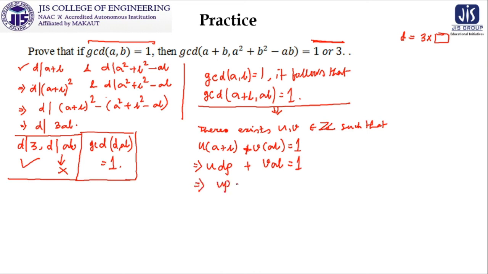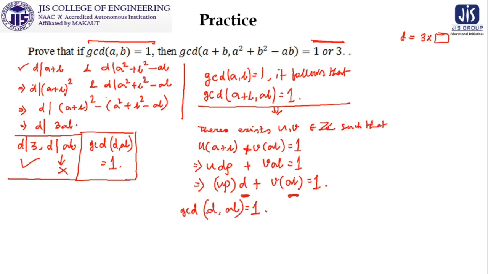We can write UP into D plus V into AB is equal to 1, from where we can claim that D and AB are two numbers which can be written with UP from Z, V from Z. So linear combination of D and AB here gives you 1, means GCD of D comma AB is 1.